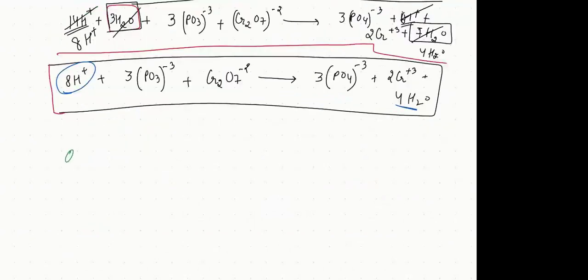Now, similarly, balance one more equation. Let's suppose I give you this equation: C2O4^2- plus MnO4^- gives me, in the acidic medium, CO2 plus MnO2.